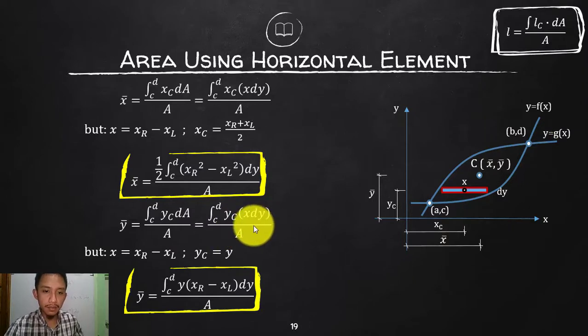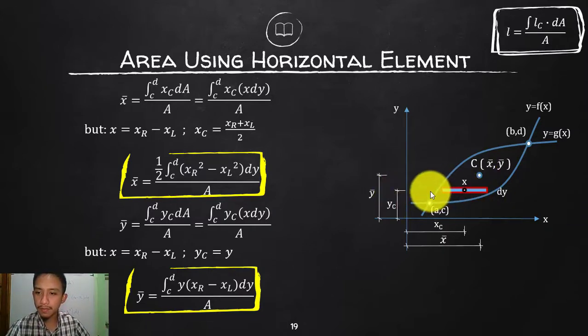So again, all I need to do is change... Your x is still the same, xr, xl, but your y sub c is what? You do not need to change your y sub c. Why? Because y sub c, you can say that that is y, since this is a strip, and that is considered to be just a straight line, very, very thin.